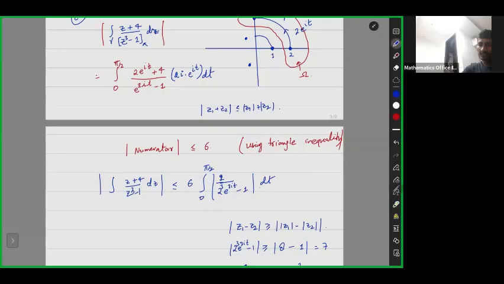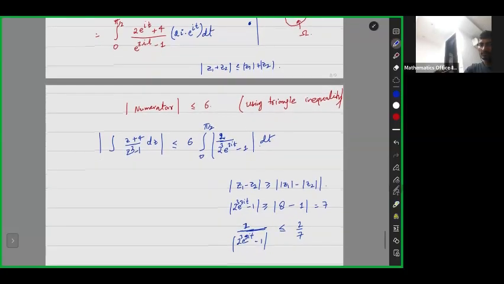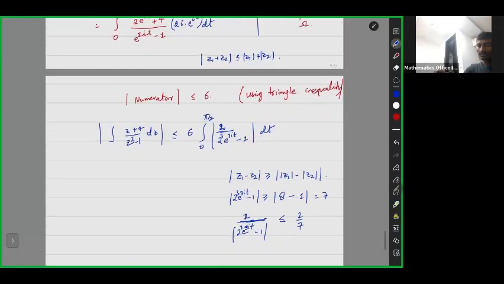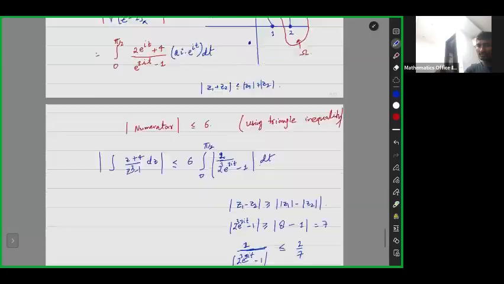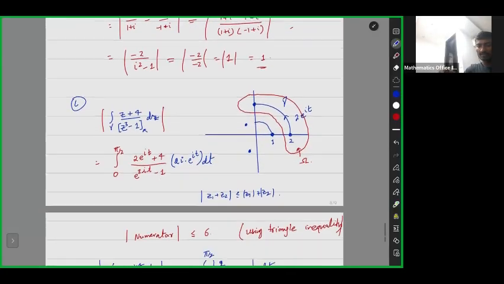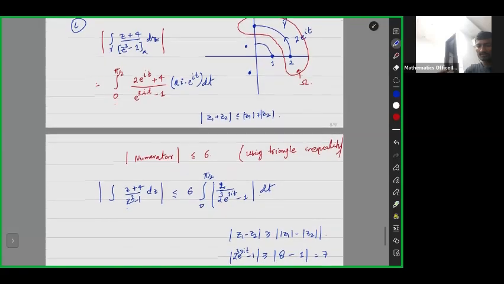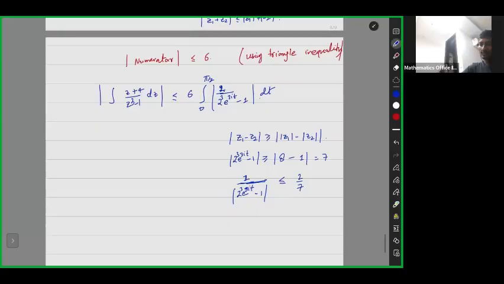So here we will get 2, and everything is bounded by 2 by 7.